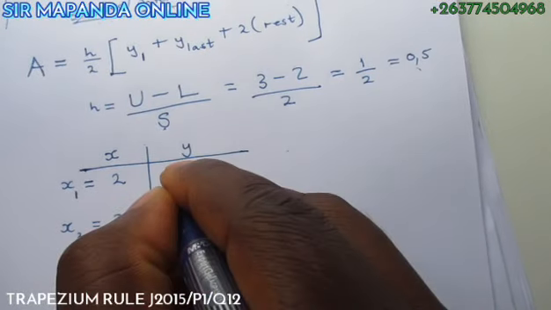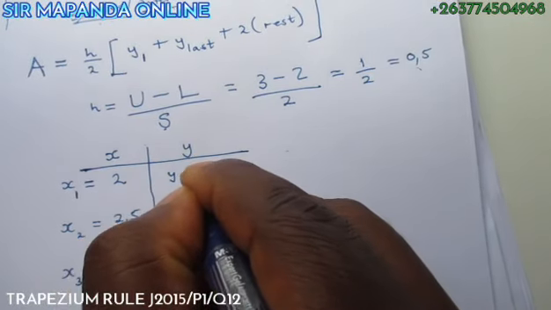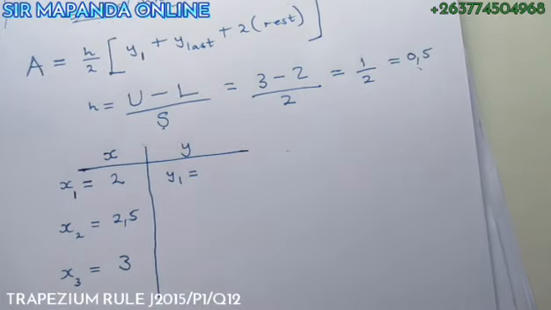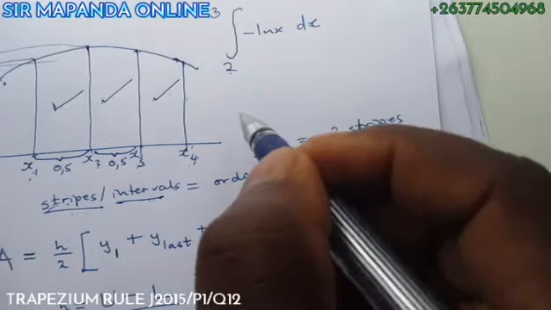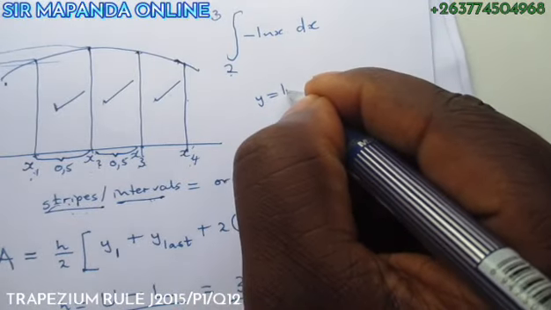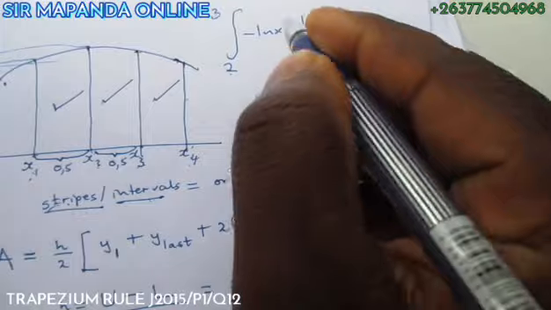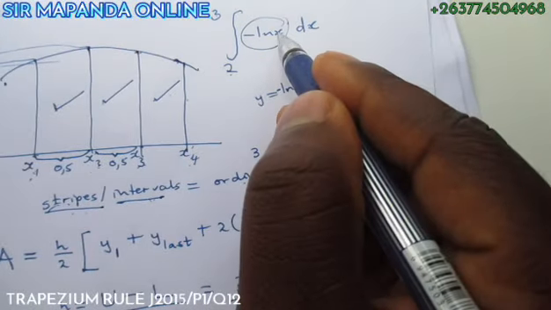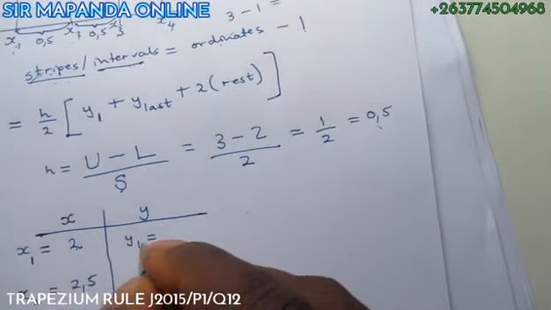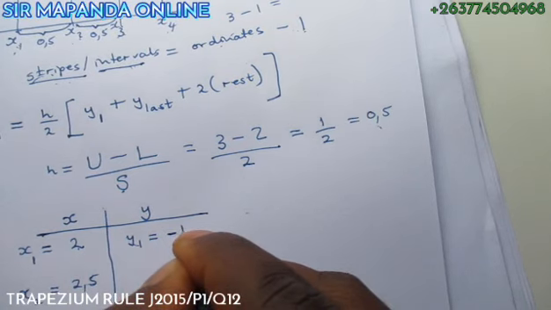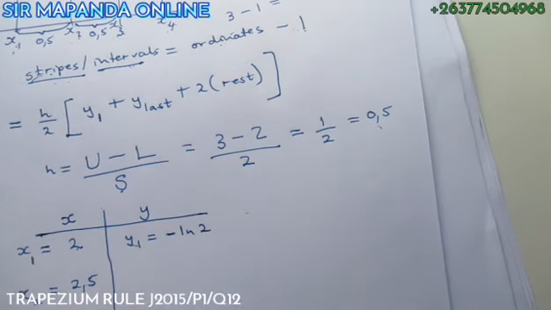Right, so x1 is going to give you y1. y1 is obtained by substituting x1 into our curve y is equal to minus ln x. So you put 2 on x, so y1 is equal to minus ln 2.